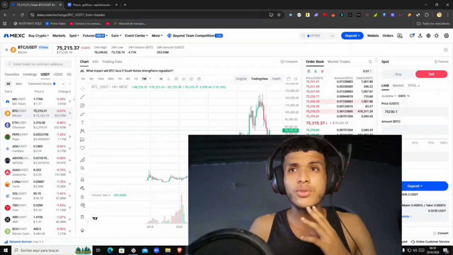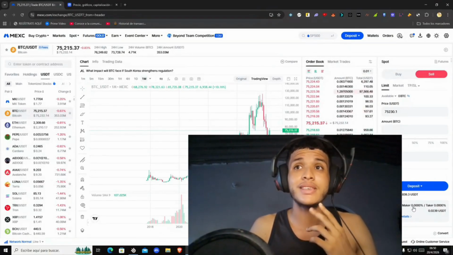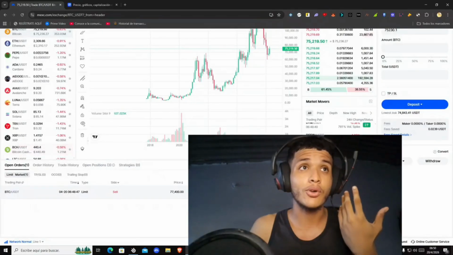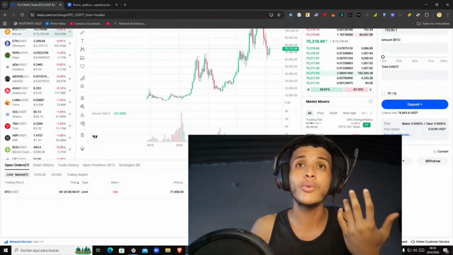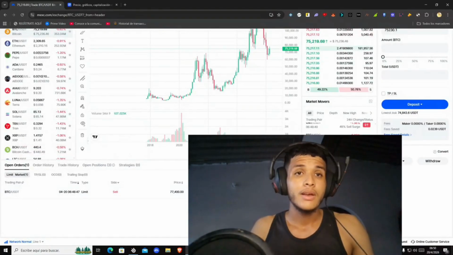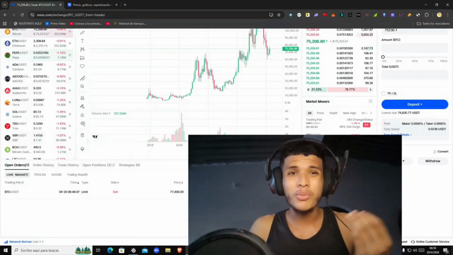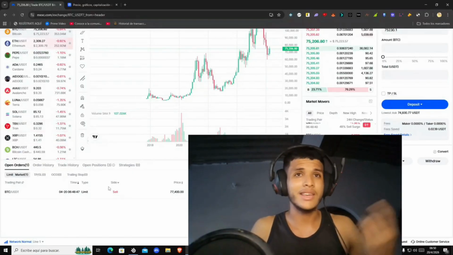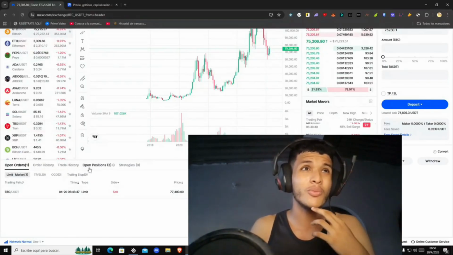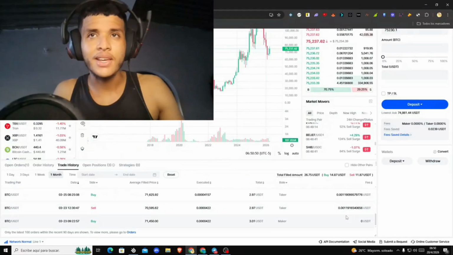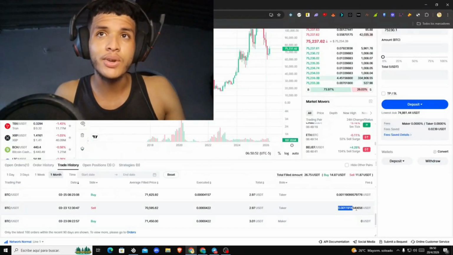One thing that is quite interesting about MEXC, and that I like much more than other exchanges, is that they charge very few commissions, okay? Other exchanges charge you ridiculous fees, but here they have charged me fees. Obviously, look here. They are showing me the fees that they charged me.